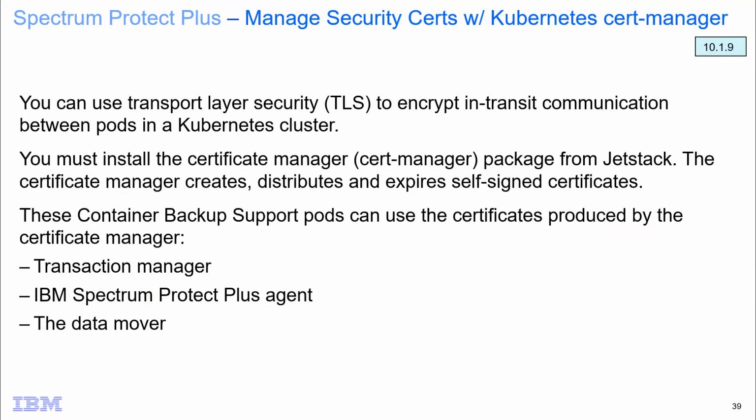Another place you'll see that in Kubernetes is we do have security certificates managed by the Kubernetes Certificate Manager. And this allows for TLS to encrypt the communication between the pods in the Kubernetes cluster itself. It does require that you install the Certificate Manager package from JetStack. And once you've installed that Cert Manager, it will create, distribute, and as time goes by, expire off those self-signed certificates.